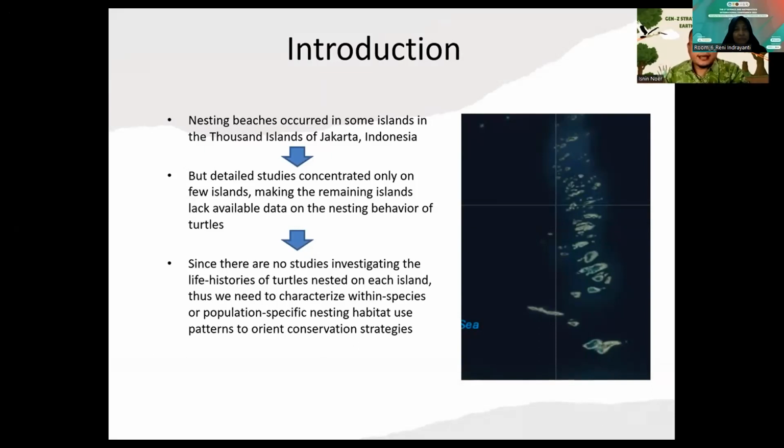So we cannot generalize that data to all islands in the Thousand Islands of Jakarta, unless we have certainty that the nesting pattern observed on this island is similar to the others. For this reason, we investigated nest site selection by hawksbill turtles in the Thousand Islands to provide a more comprehensive understanding of regional variation in this species.